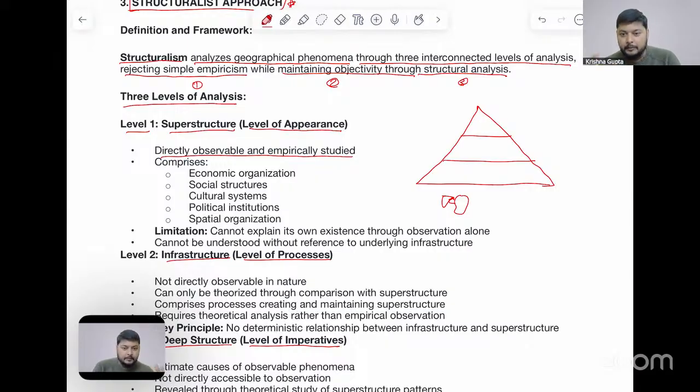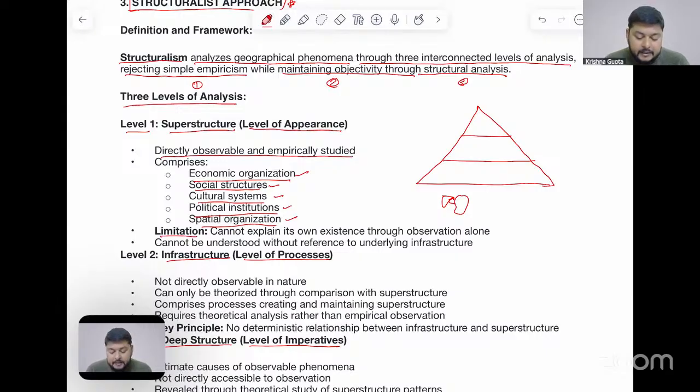That is the BPL, which we study in India. Then this was studied in the form of economic organization, social structures, cultural systems, political institutions, and spatial organizations. So these were seen as the basic parts of the superstructures which can be observed and empirically studied.